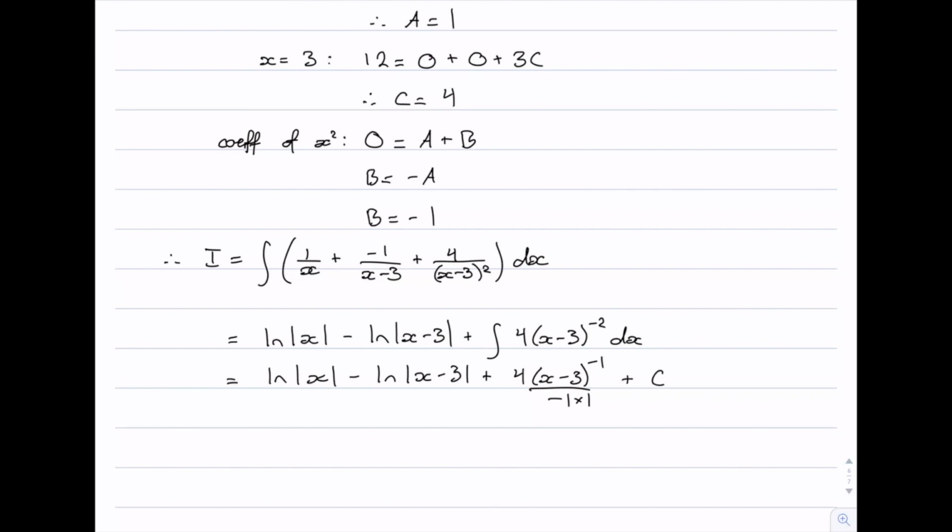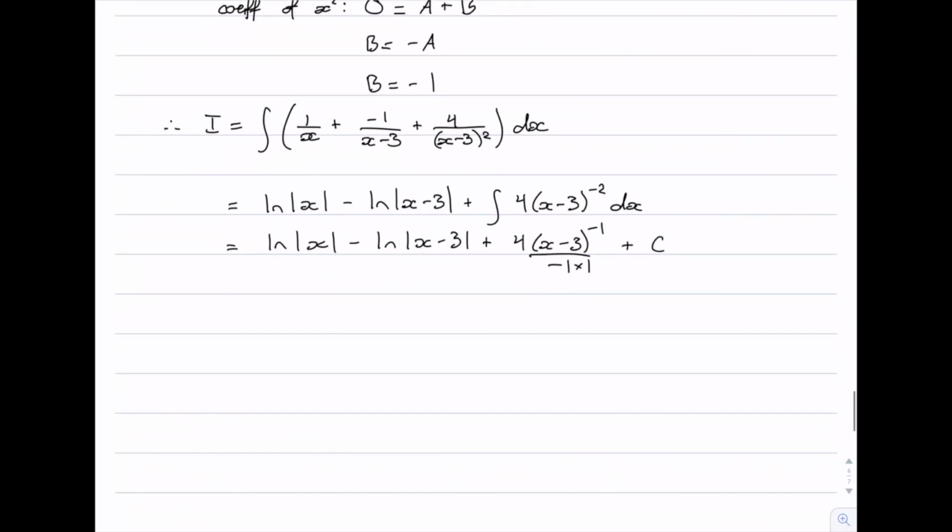Okay, and then we have plus c. What we might do is join these two logs together using our log laws, so that gives us log of x over x minus 3, minus 4 divided by x minus 3, just bringing it back down into the denominator. And then plus c, and that is our final answer.